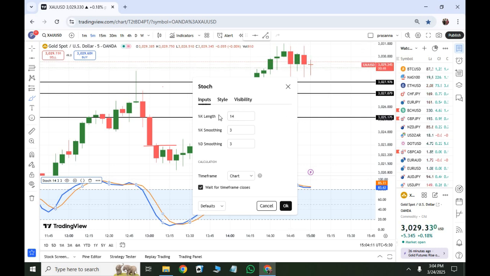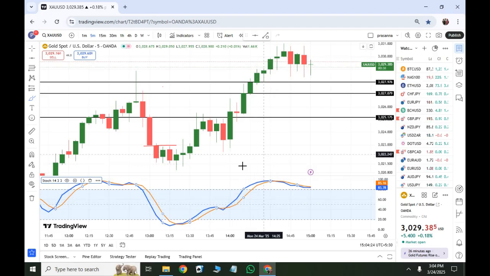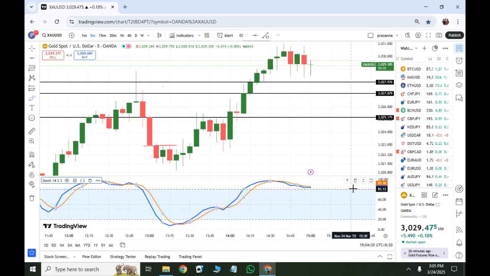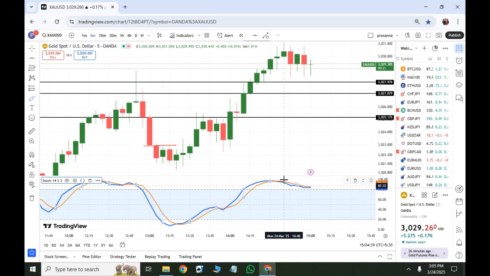So in the program we can set different values and check which properties are suitable. Then K smoothing and D smoothing; I set 14, 3 and 3. And this indicator is like RSI: 80 is the higher line and 20 is the lower line, overbought and oversold like RSI.